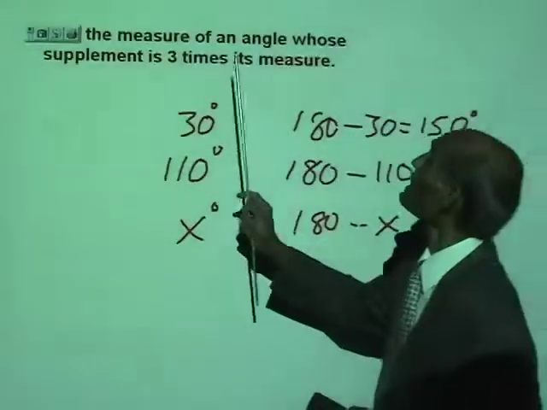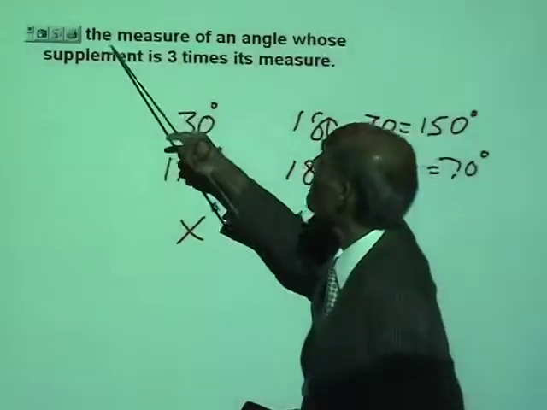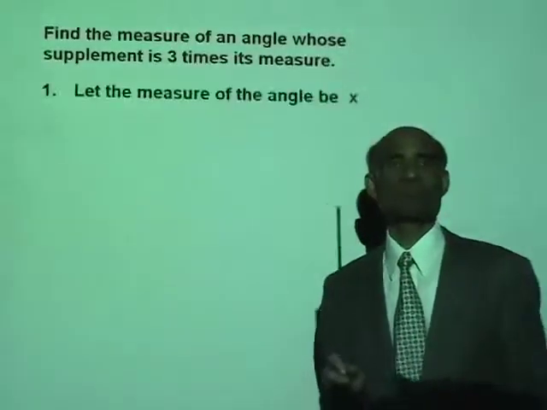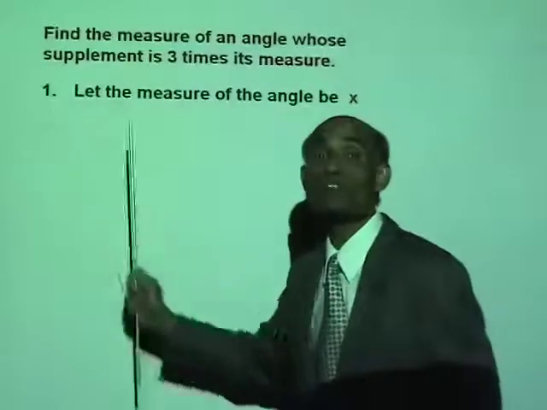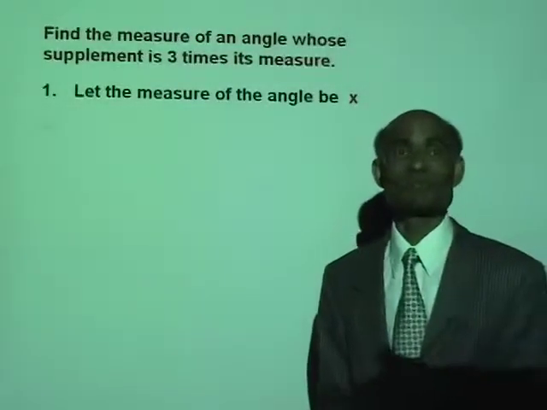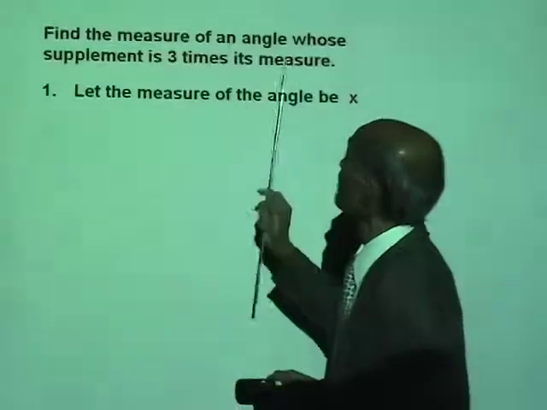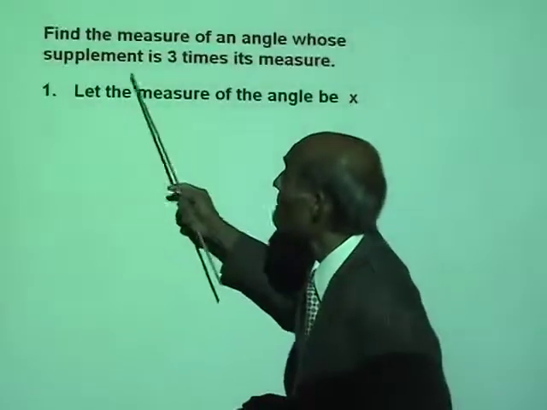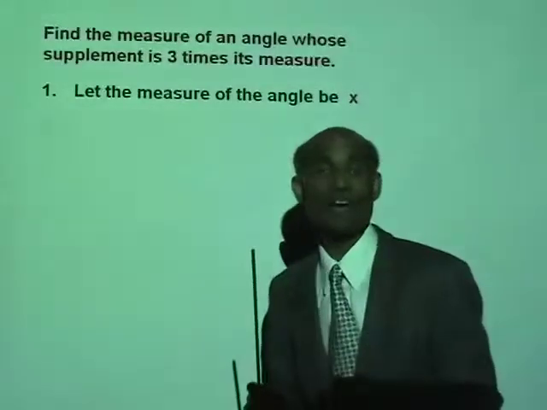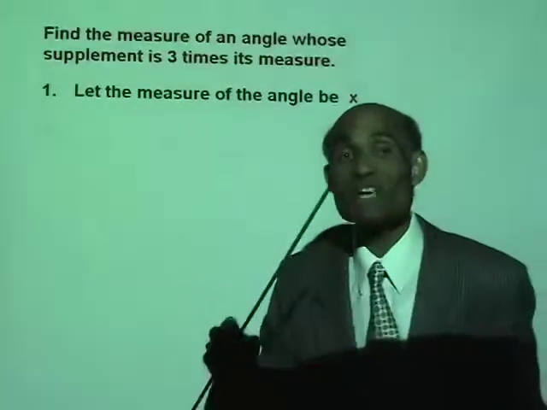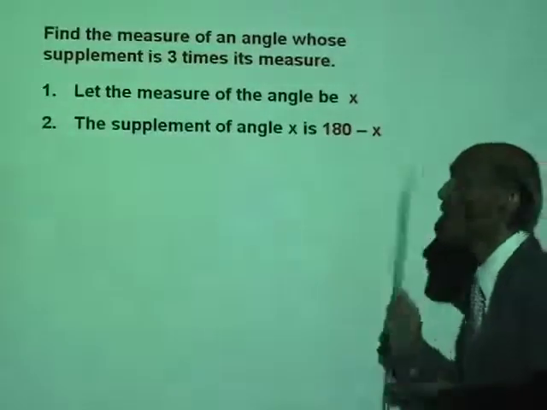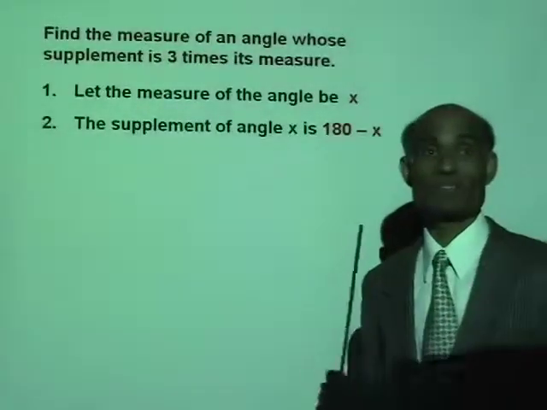Alright, we have been told to find the measure of an angle. So how do we start this problem? In the first step, let the measure of the angle be x. And then we are told about its supplement. If x is the measure of the angle, what is its supplement? Its supplement will be 180 minus x.